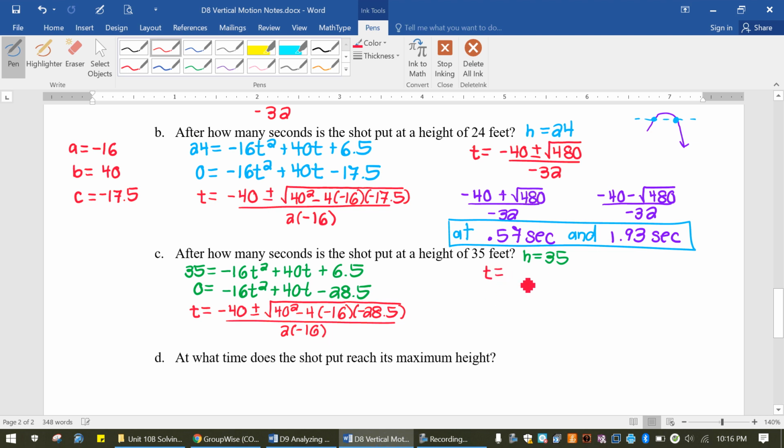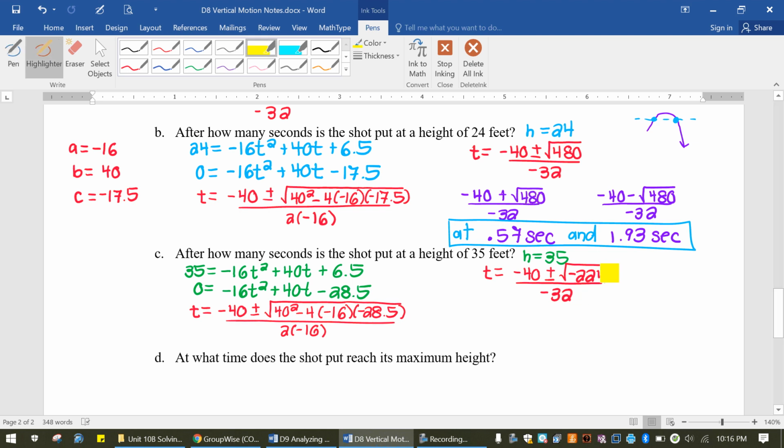So t is negative 40 plus or minus, and we go to our calculator, 40 squared minus 4 times negative 16 times negative 28.5, and we're going to get negative 224 all over negative 32.